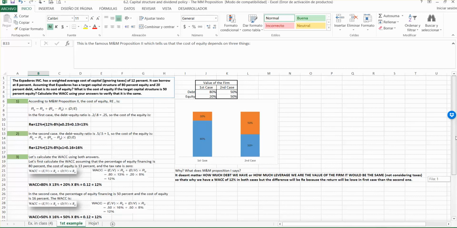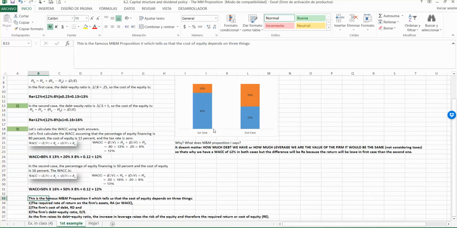In conclusion, proposition 1 says that it doesn't matter how much debt we have, the value of the firm will be the same. And the second one tells us that as we increase leverage, the required return or cost of equity will be higher. The investor will want more. And that's all.